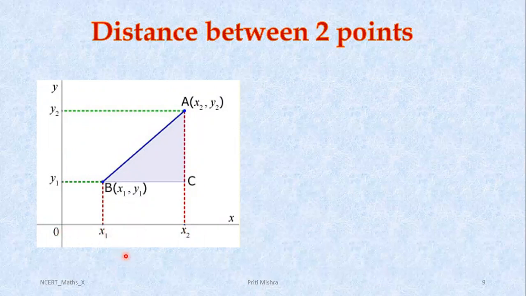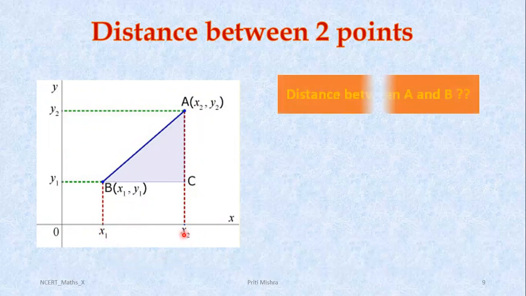So the distance between x1 and x2 will be x2 minus x1. And the distance between A and x2 is y2, and between C and x2 is y1. So AC will be y2 minus y1.